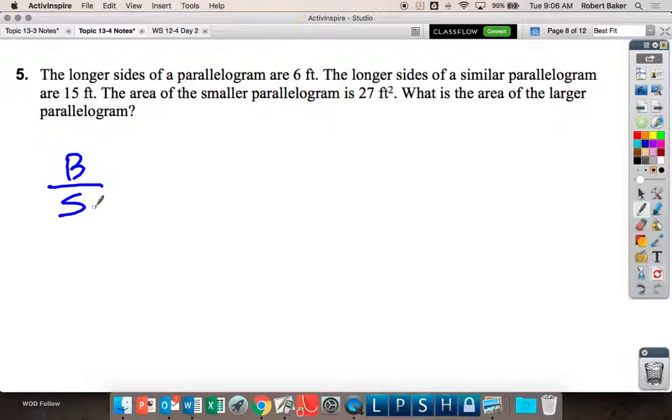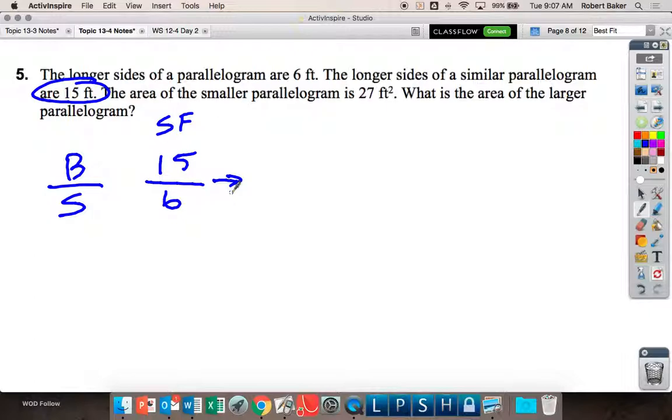How long is the big parallelogram? No. How long is the big one? 15. How long is the small one? 6. This is your scale factor. We can do a little bit of math and reduce that.